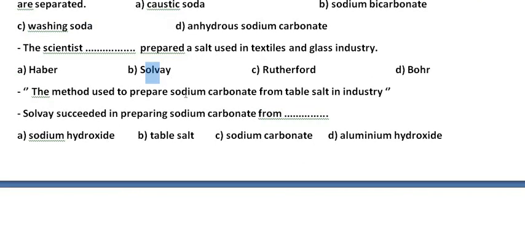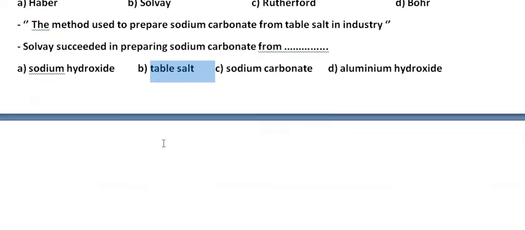The method used to prepare sodium carbonate from table salt in industry is the Solvay method. Solvay succeeded in preparing sodium carbonate from table salt. This is the end of our lesson. Thank you for listening.